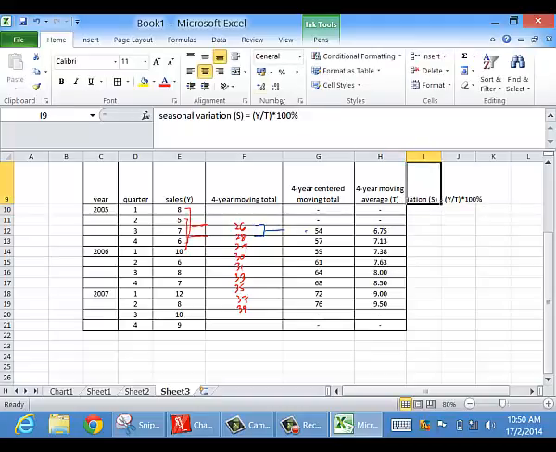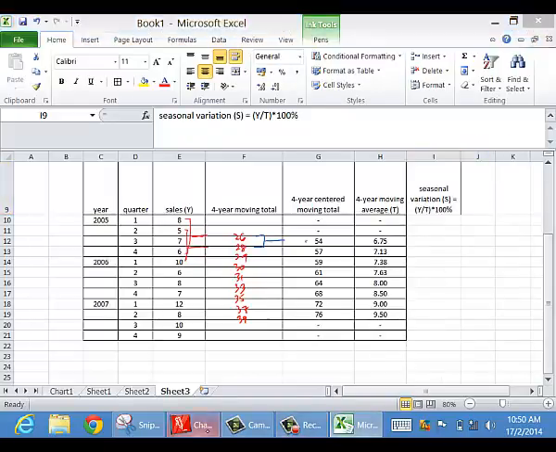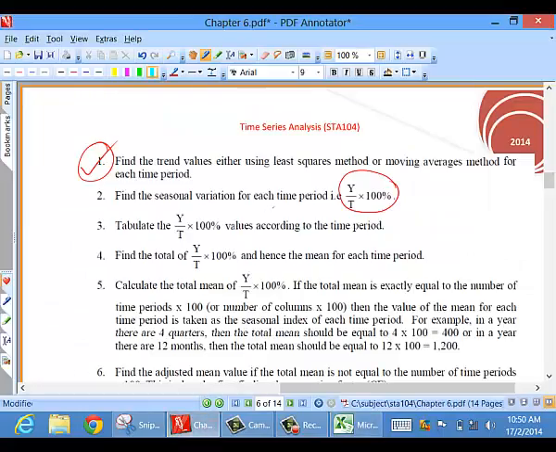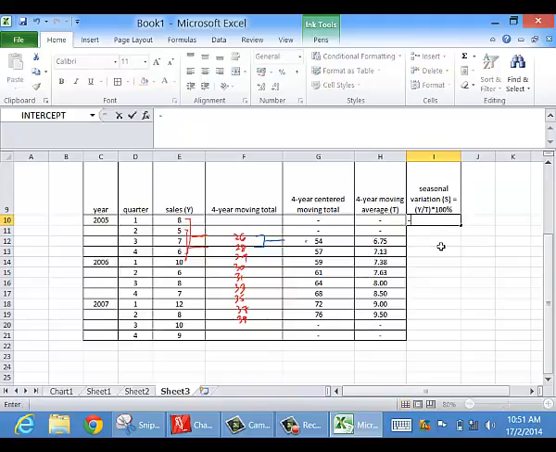Just use the formula, follow the steps. For the first two values, we have no trend value, so it should be null.